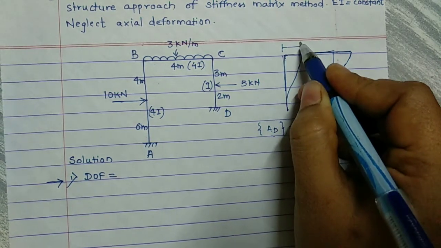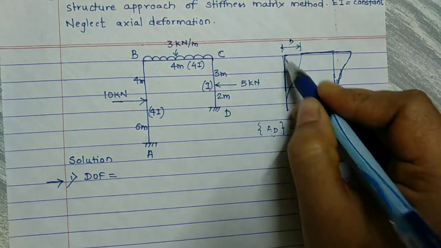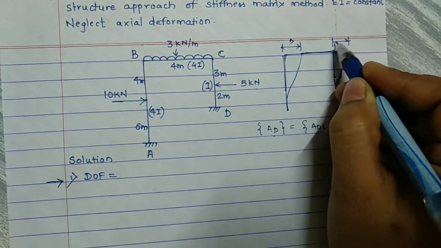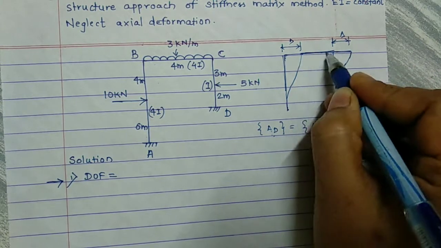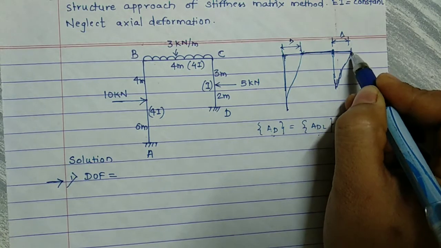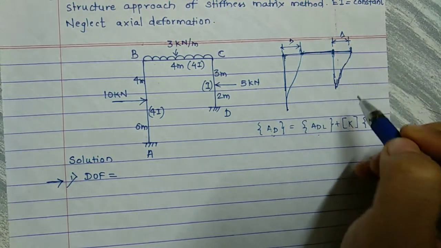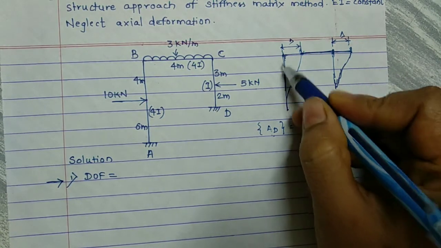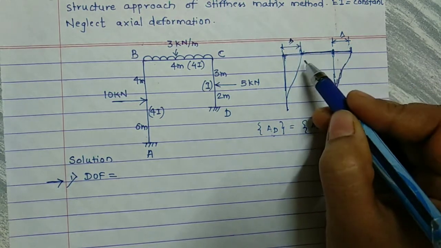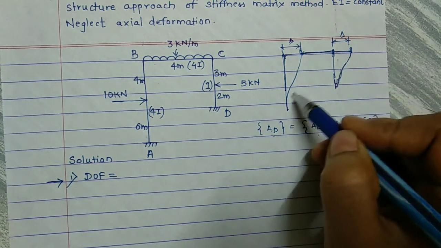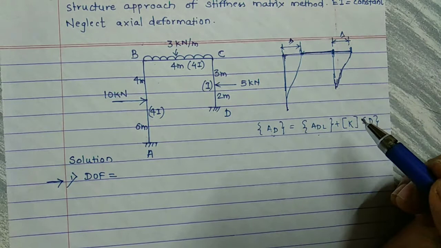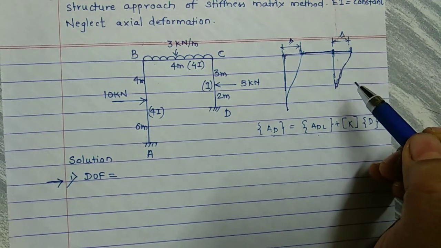This amount of delta is the deflection of the column in the horizontal direction. It is not the deflection of the beam. The original beam is here and the deflected beam is here. So this delta is not the axial deformation of the beam, it is the deformation of the columns.